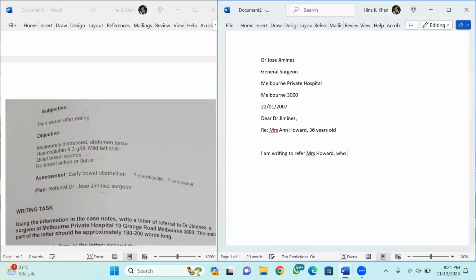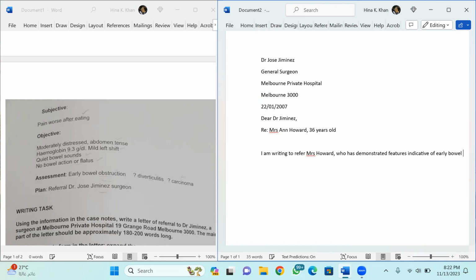You can also write who has signs and symptoms suggestive of, or you can just write who has demonstrated signs, who has demonstrated features indicative of what? Early bowel obstruction.